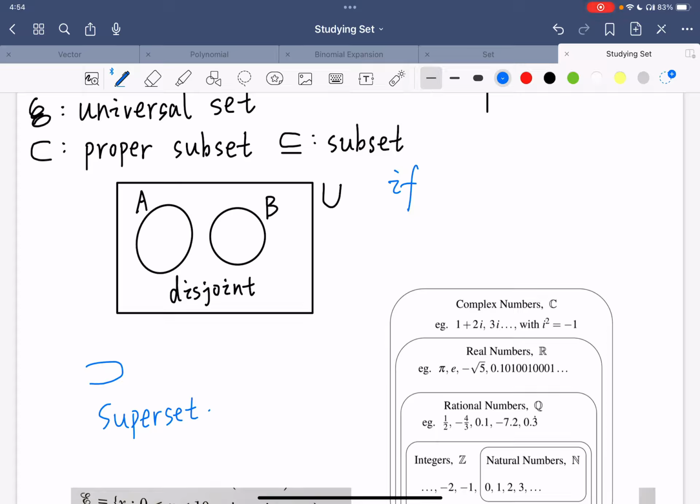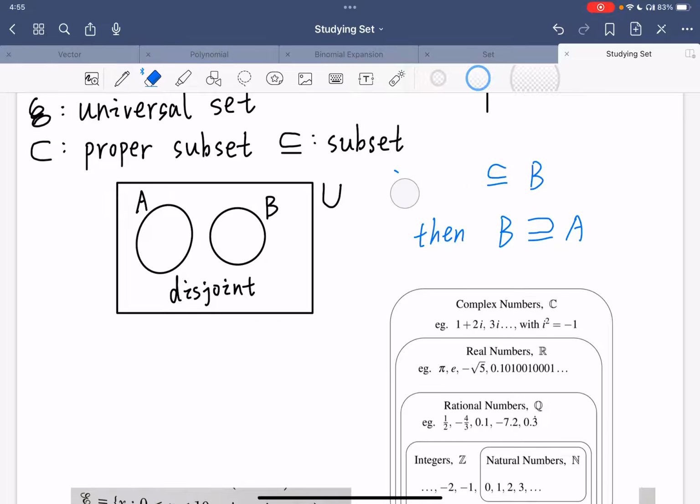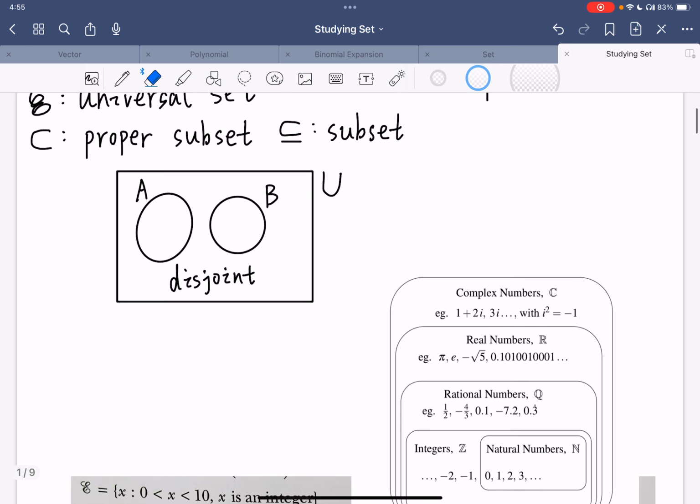If A is a subset of B, then B is a superset of A. Just reverse the opening direction. So please remember, the opening direction is always pointing towards the larger set. Okay? All right. That's all about the theory, the knowledge points part.